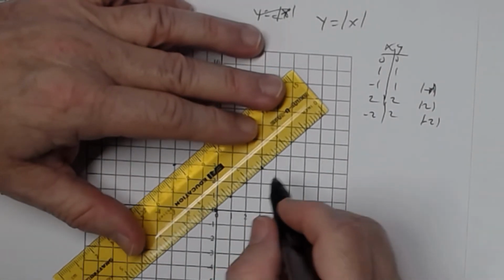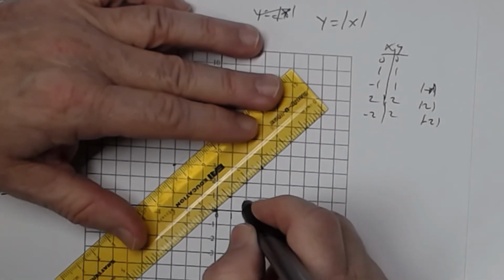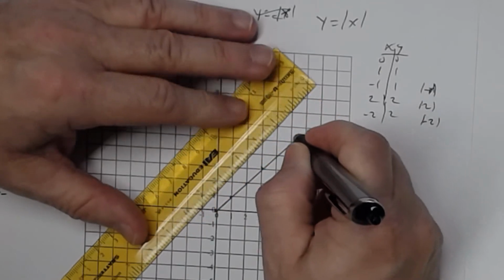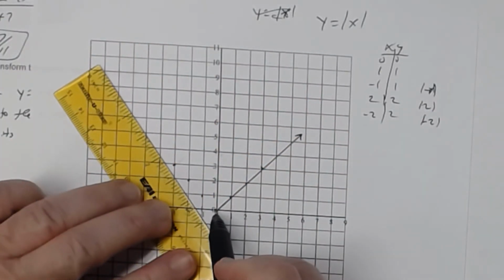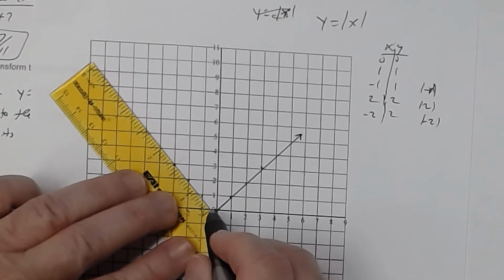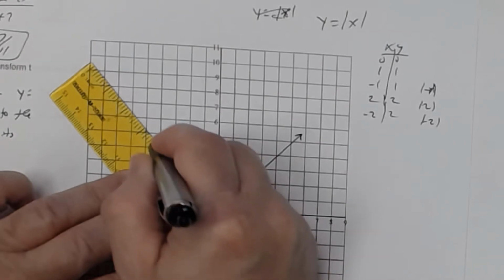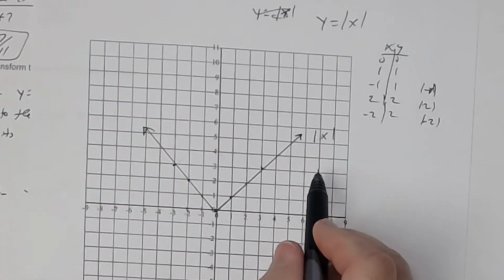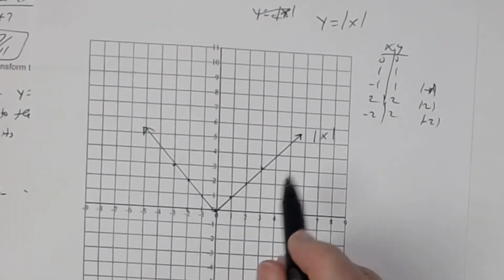So the absolute value function is a V. The shape is a V. You have two rays that connect at the vertex here. And in this case, the absolute value function, the vertex is at the origin. All right. So that is the absolute value of x. Okay? That's what the absolute value of x looks like.